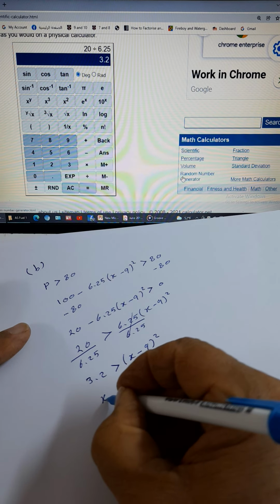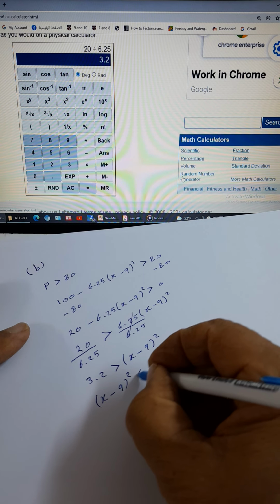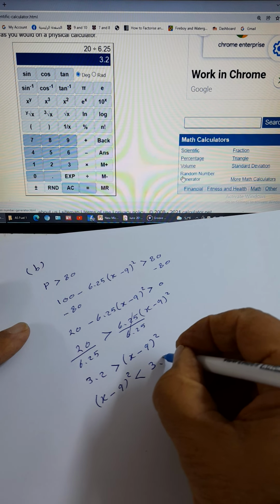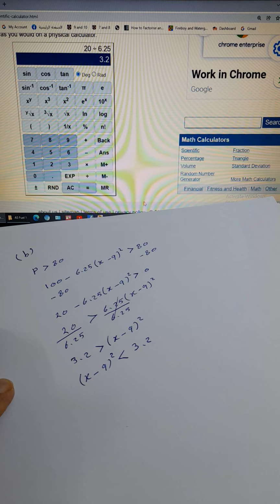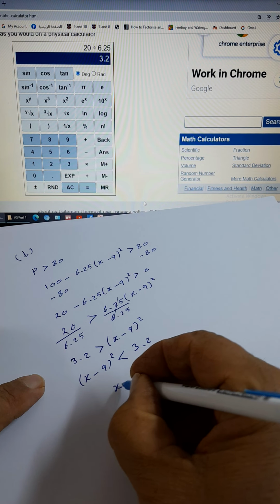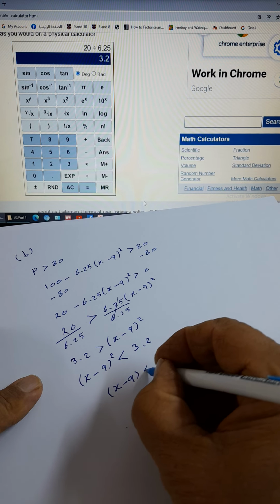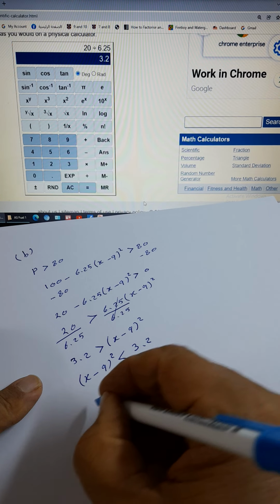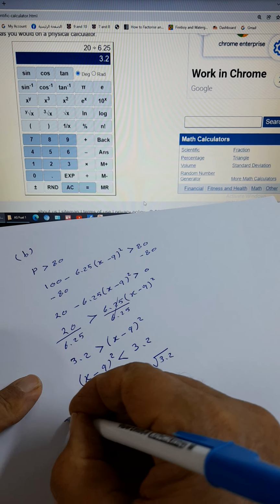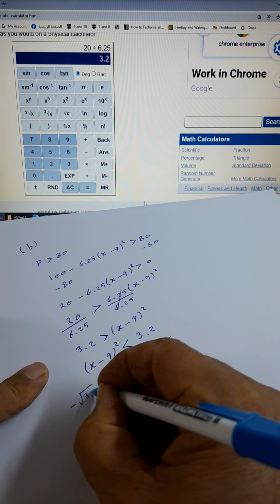This means that x minus 9 squared is less than 3.2. And this means that x minus 9 is less than the root of 3.2 and greater than negative root 3.2.